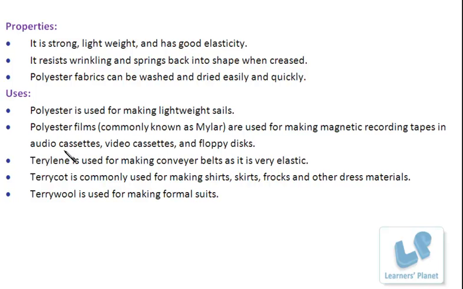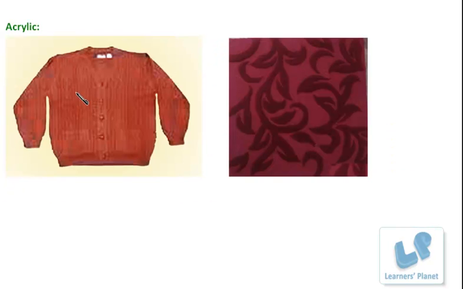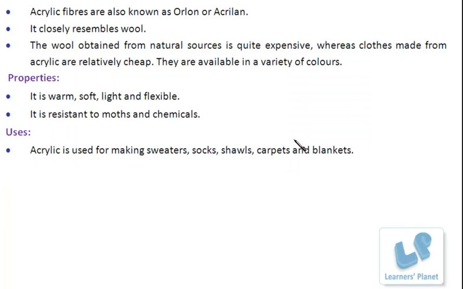Let's take up one more synthetic fabric, that is acrylic. Acrylic is used for making sweaters. It is used for making carpets. Acrylic fibers are also known as Orlon or Acrilan. It closely resembles wool.